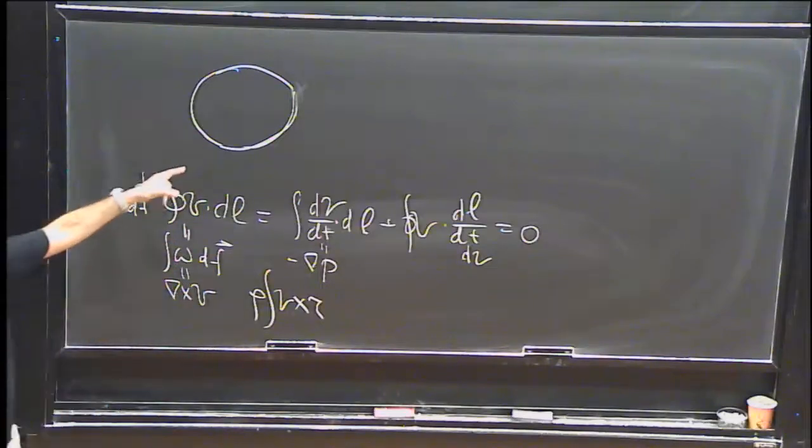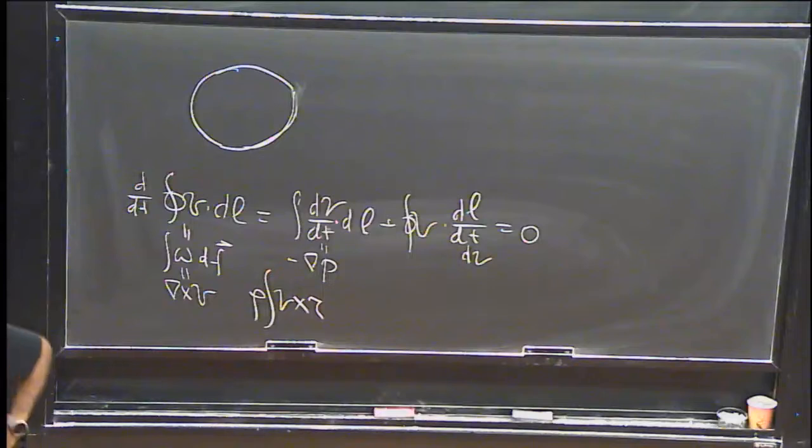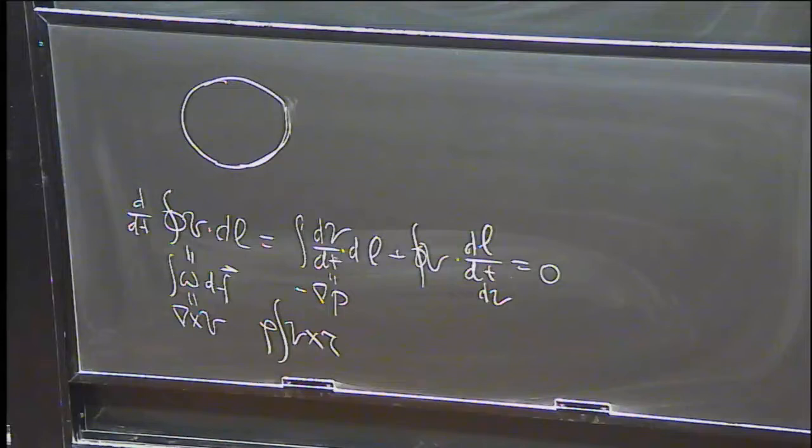If you consider, for example, this case, yes, Zohar? The contour that's moving. It's a liquid contour, which means that the contour changes with the flow. Which essentially tells you that if you expand your contour, your vorticity drops. If you contract your contour, your vorticity increases, because the flux of vorticity through this contour is conserved.